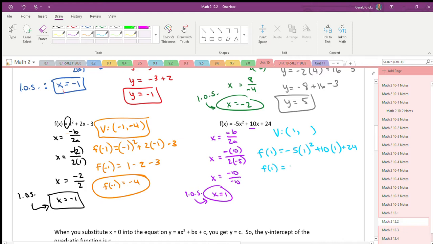So 1 squared is 1. 10 times 1 is 10. Negative 5 times 1 is negative 5 plus 10 plus 24. When I combine all these like terms, negative 5 plus 10 is 5 plus 24 is 29. So my y value is 29. So the vertex is 1, 29.